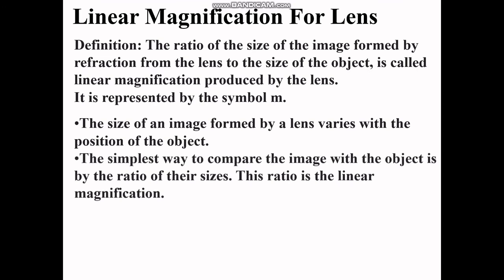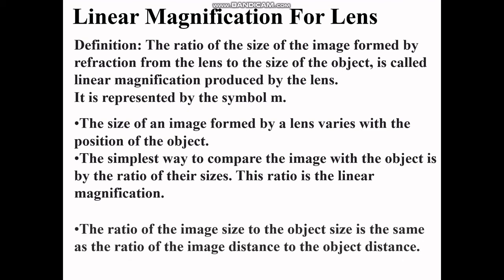The simplest way to compare the image with the object is by the ratio of their sizes. This ratio is the linear magnification. The ratio of the size of the image to the size of the object is same as the ratio of the image distance to the object distance.